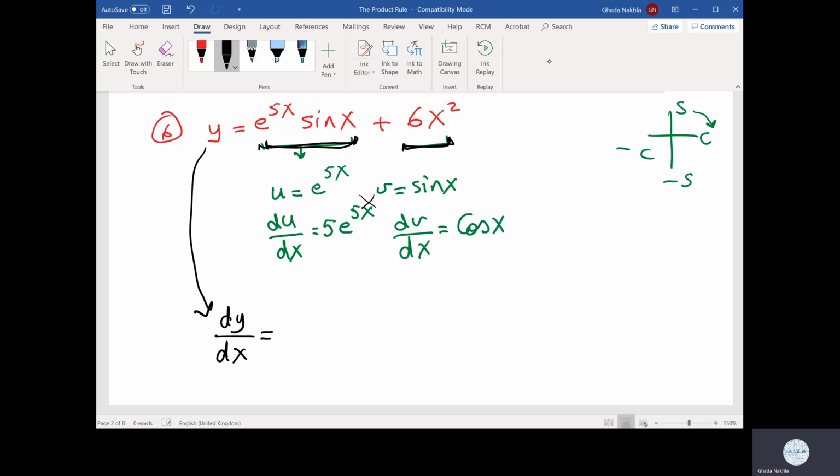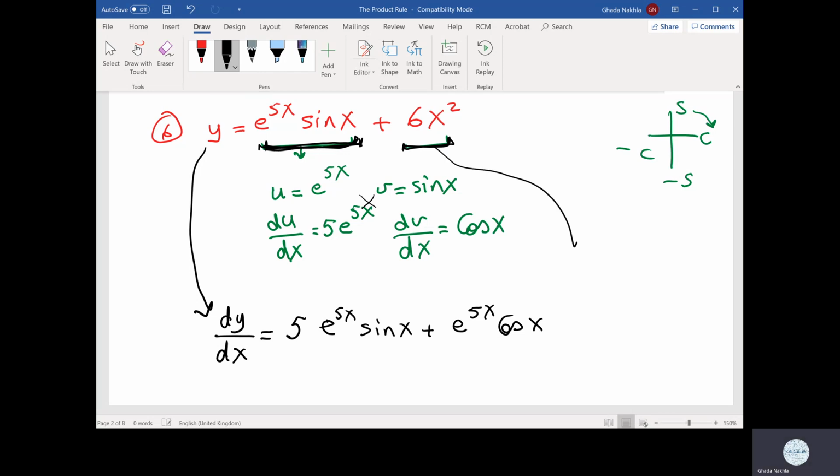So for the first part, I am going to have 5 e to the 5x sine x. It doesn't really matter, you could have used brackets if you wanted to. So 5 e to the 5x sine x plus e to the 5x cos x. And that's the derivative of this part here.